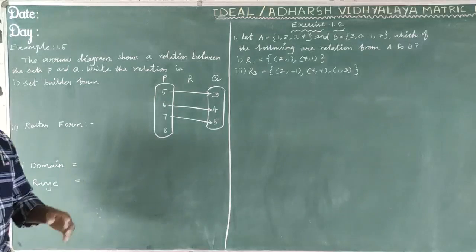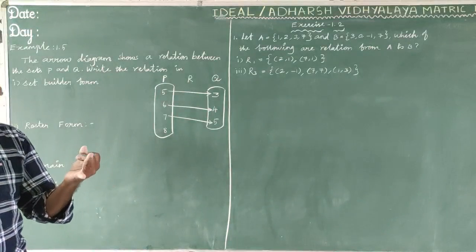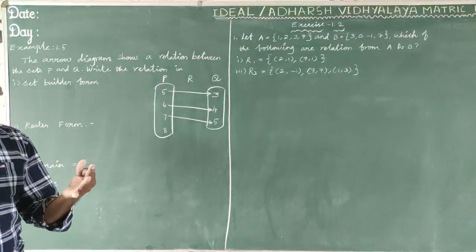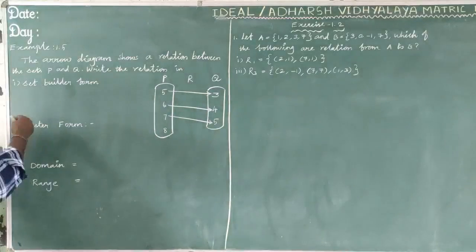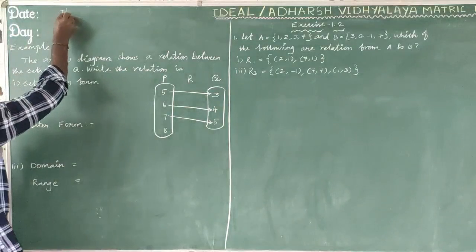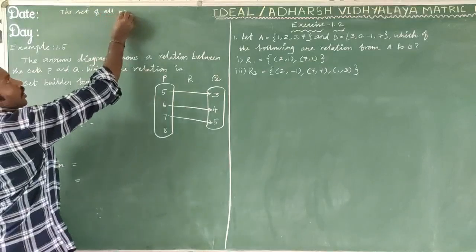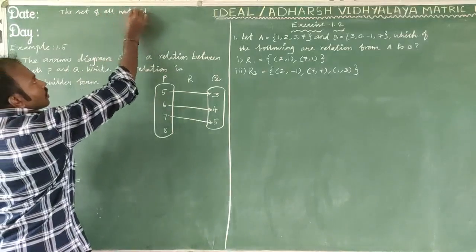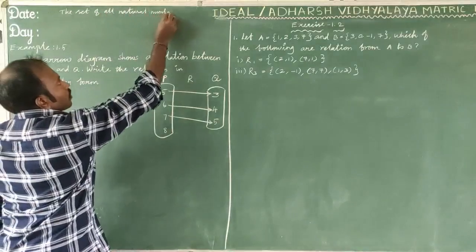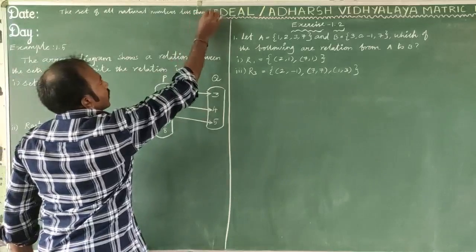First I recall the forms: descriptive form, next set builder form or rule form, third roster form. For example, the set of all natural numbers less than 10.